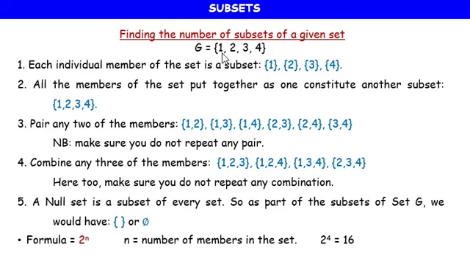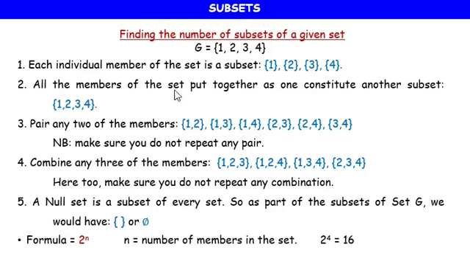So here 1 is a subset on its own, 2 is a subset on its own, 3 is a subset on its own, as well as 4. So we have 1, 2, 3, 4, four different subsets. This is one clue that will guide you: each and every member of the set is a subset. Let's look at the second point.